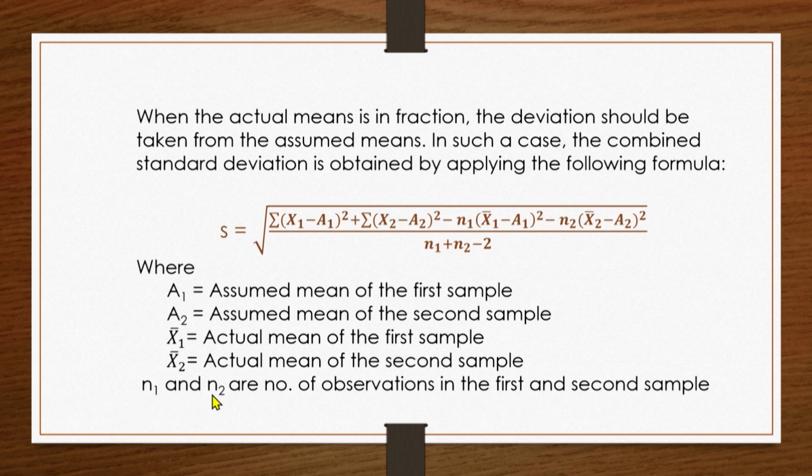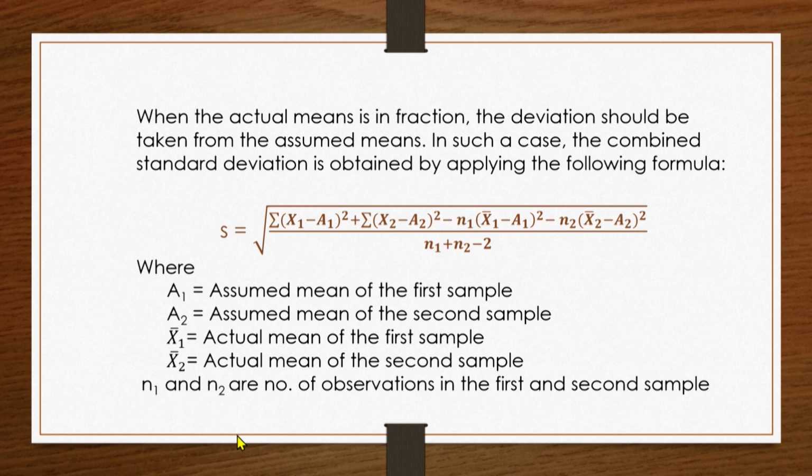In such a case, the combined standard deviation is obtained by applying the formula S equal to the square root of summation of x1 minus a1 the whole square plus summation of x2 minus a2 the whole square minus n1 into x1 bar minus a1 the whole square minus n2 into x2 bar minus a2 the whole square, the whole divided by n1 plus n2 minus 2, where a1 is the assumed mean of the first sample, a2 is the assumed mean of the second sample, x1 bar is the actual mean of the first sample, x2 bar is the actual mean of the second sample, and n1 and n2 are the number of observations in the first and second samples respectively.